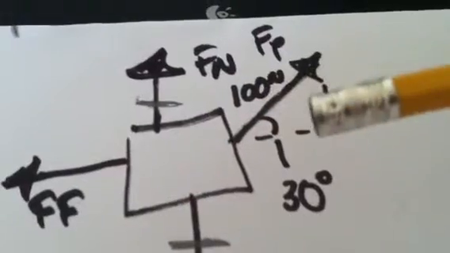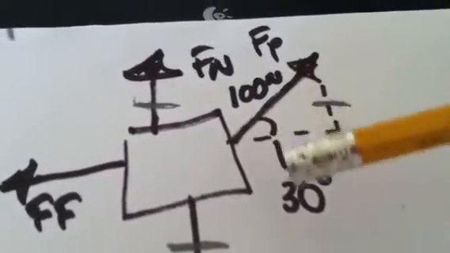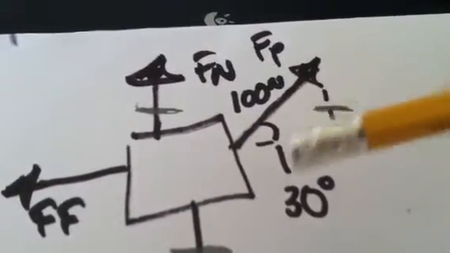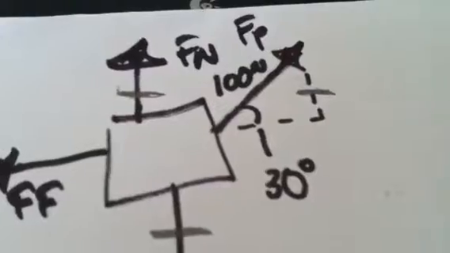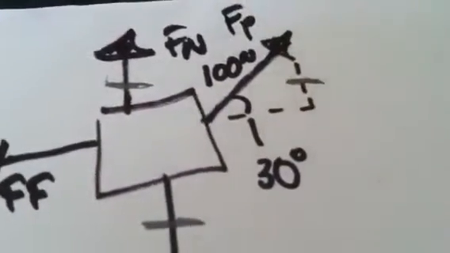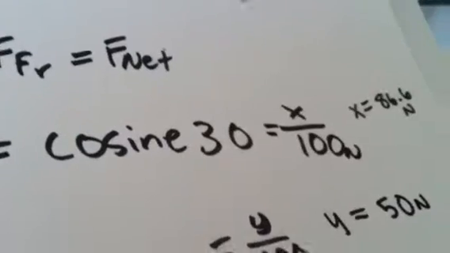How you're going to do that is taking the cosine of 30 degrees, because cosine is adjacent over hypotenuse. So this x right here over 100 newtons is equal to cosine of 30. So force pull x is equal to cosine of 30 times 100 newtons.